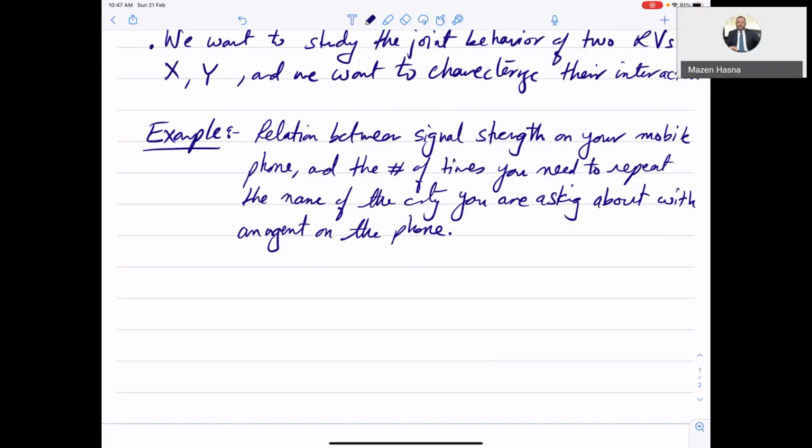So you will call the number and then you will tell the agent, I want a ticket to London, and if you have a weak signal, he will ask you, can you repeat that? Then you say London. Can you repeat that? London, and so on.